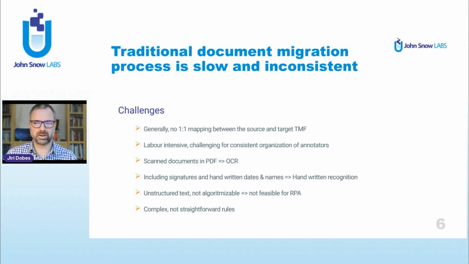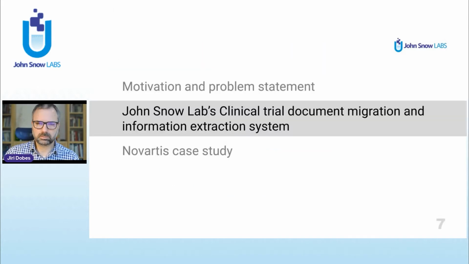They are often handwritten. It is unstructured text. Therefore, it is not possible to use robotic process automation. And the process is governed by bespoke, not straightforward rules, which are usually not recorded anywhere.